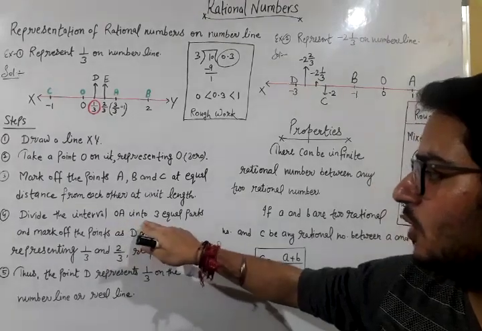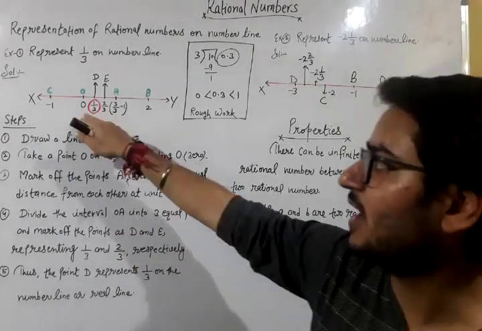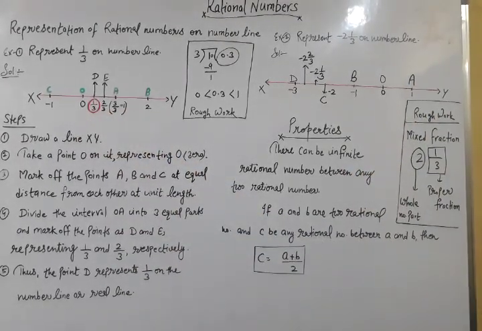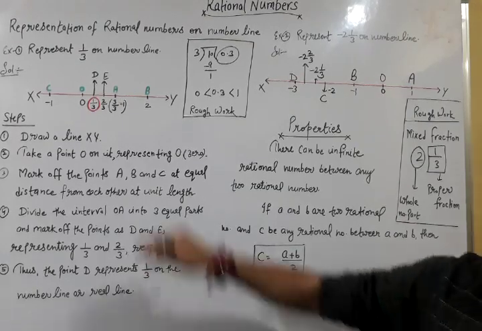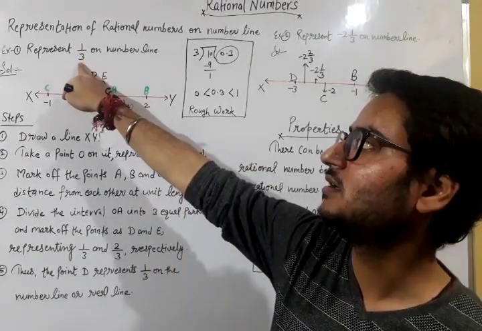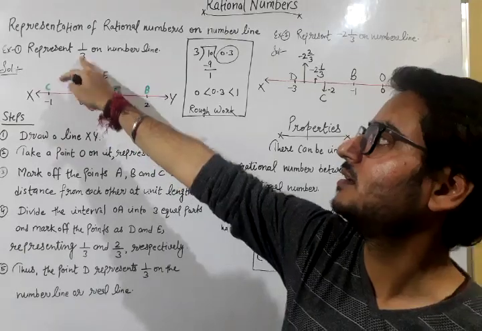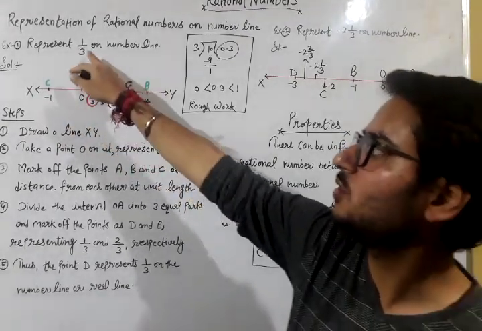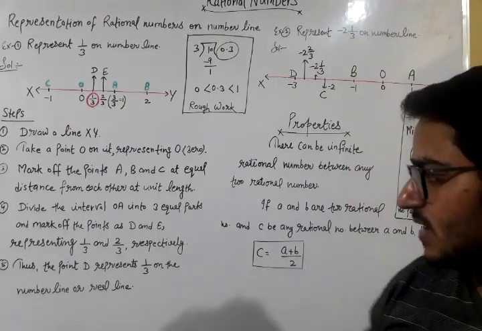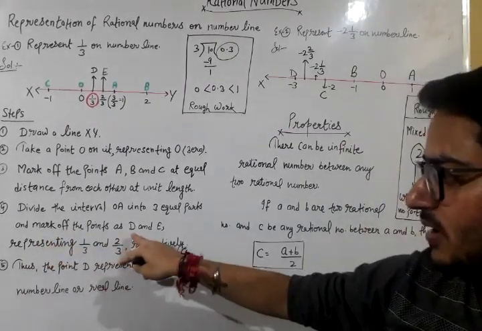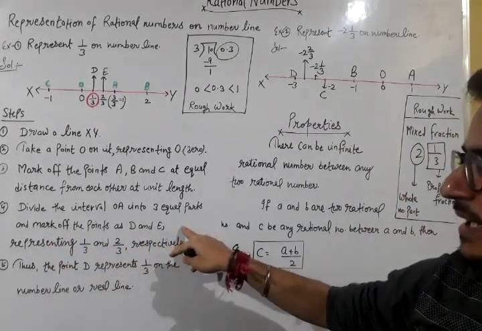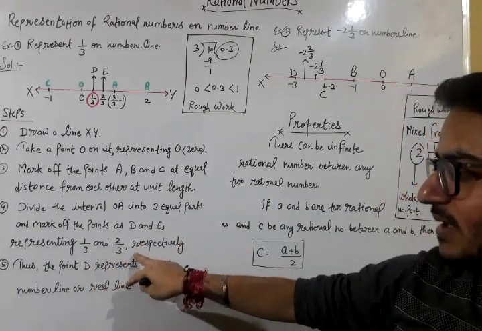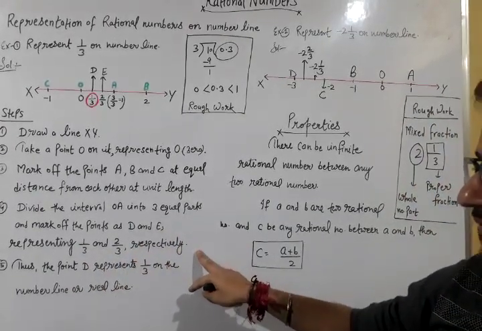Divide the interval OA into 3 equal parts. Why have we divided the interval OA into 3 equal parts? Because our denominator is 3. That's why we have broken the interval OA into 3 equal parts. And mark off the points D and E representing 1 by 3 and 2 by 3 respectively.